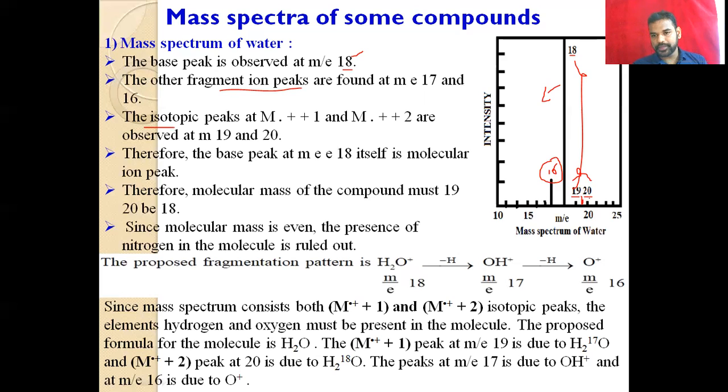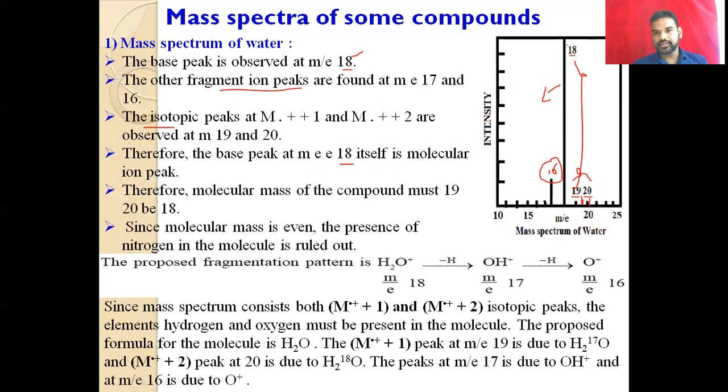So the base peak at m/e 18 itself is the molecular ion peak. Here 18 is both the base peak and the molecular ion peak.